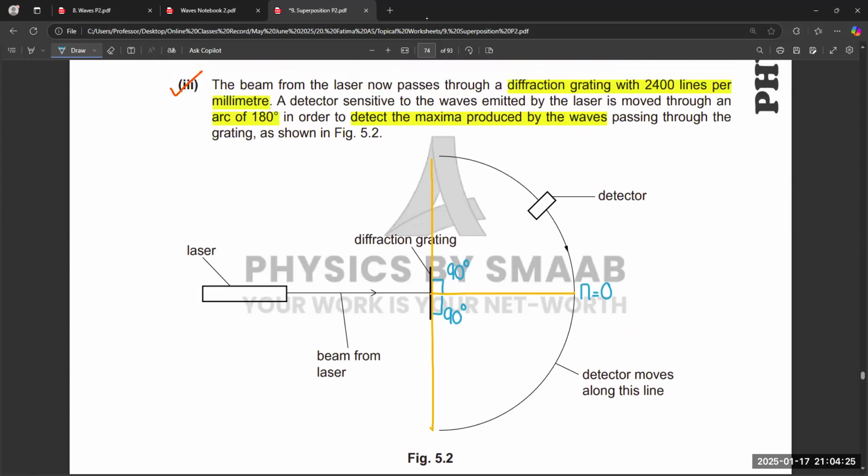And in the question, we need to find out how many maxima we will get at a 90 degree angle. So if we get the maxima at a 90 degree angle, then definitely the same maxima will be on the other side. So if we get, for example, 5 maxima on one side, then definitely 5 maxima on the other side.